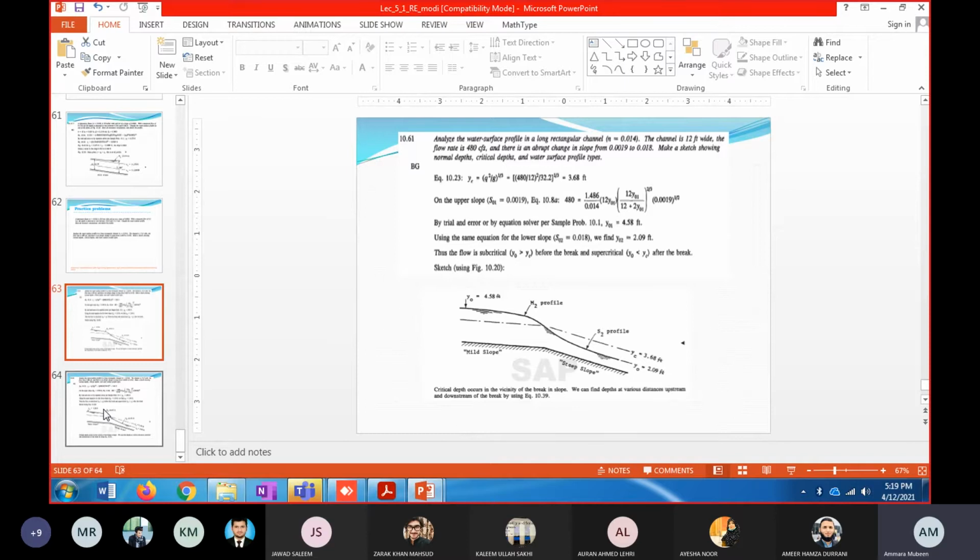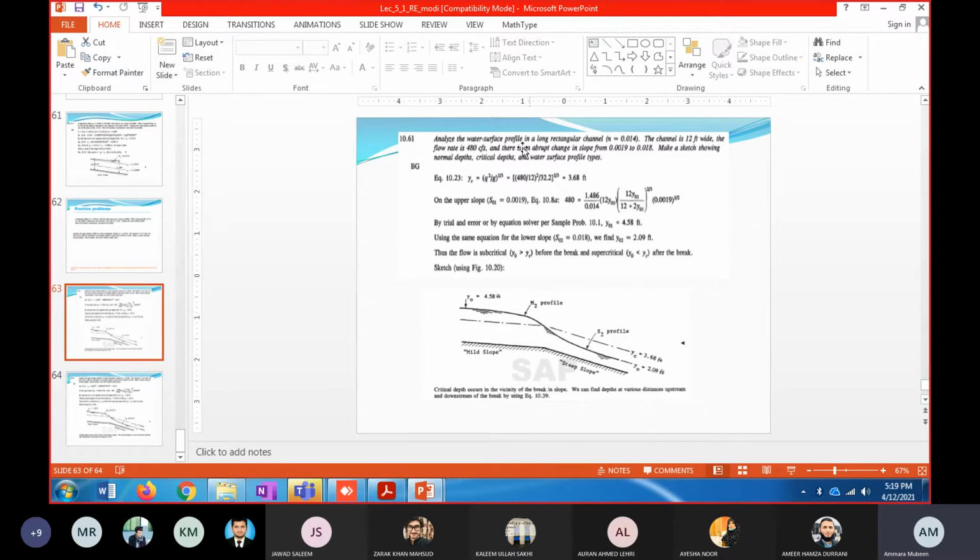So here they have asked you to sketch the normal depths, critical depths, and water surface profile types.